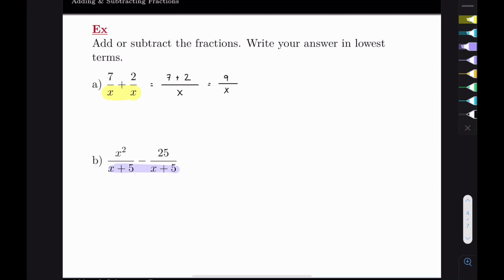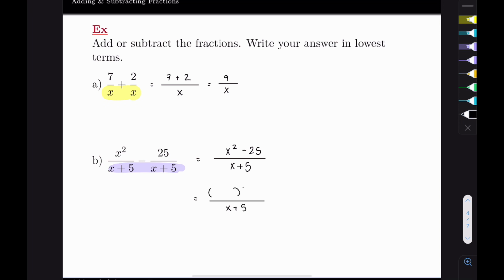For the second expression, same thing. We have exactly the same denominator, so we can condense this and put everything over this common denominator. So in the top, we have x squared minus 25. Now this one, though, we can simplify a bit more. We have a polynomial up top that's a higher degree than 1.